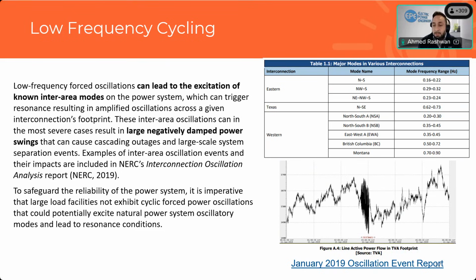That resulted in several hundred megawatts of swings across the Eastern Interconnection due to exciting the natural oscillatory mode for the Northeast, Northwest, South frequency mode. So if you look at the table that we have included here, the third row is the one that was excited in that event, and it caused oscillations starting from the southeast, expanding all the way into northern Manitoba, which is across the entire Eastern Interconnection.